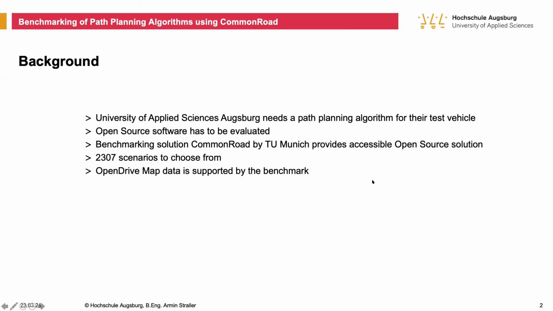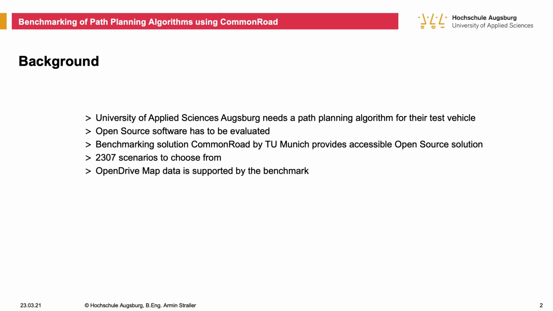So we at the University of Applied Sciences needed a path planning algorithm, and Matthias already used OpenPlanner for his simulation. So I had the task to evaluate it in many simulation scenarios to be sure that it's the right choice for our vehicle.